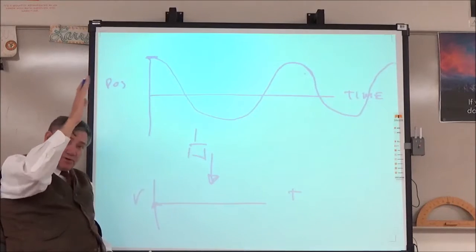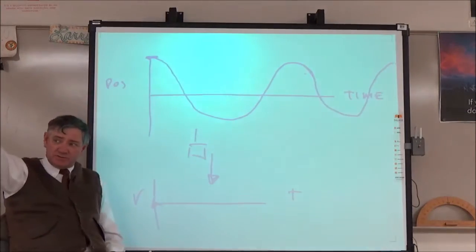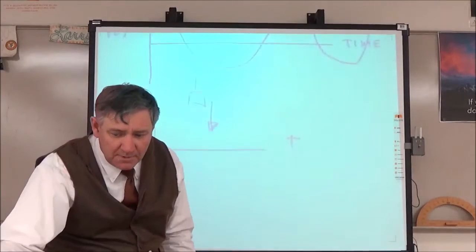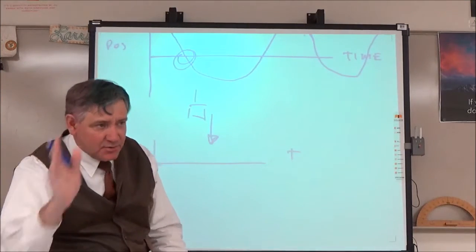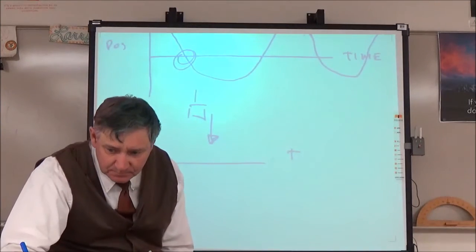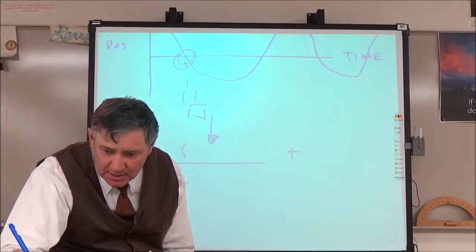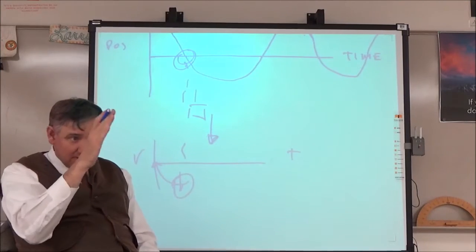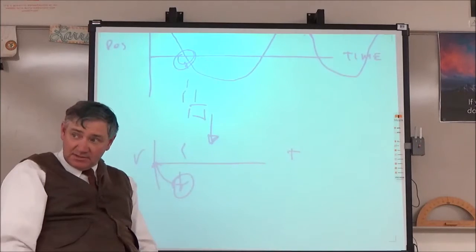So this is where you want to think this through and go, okay, the position time graph is going to drive my velocity time graph. So what I'm going to look for is that when this position time graph crosses through 0, that's when you should have your maximum negative velocity, okay? Because that's where it's going to happen. It's going to be negative because it's falling down, and that's how we define this system.